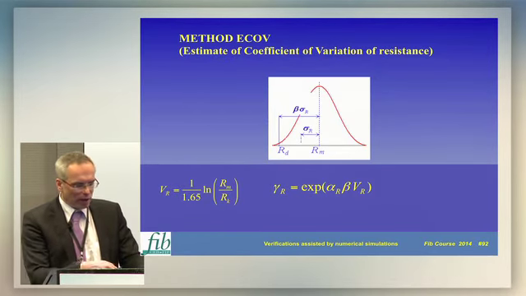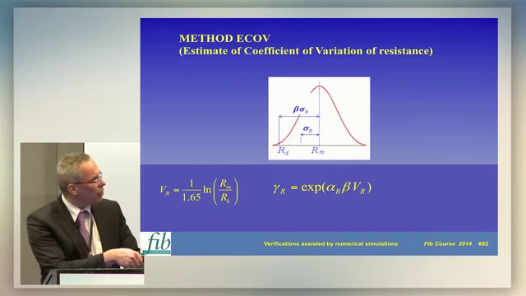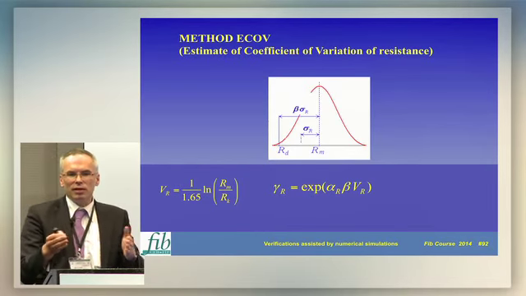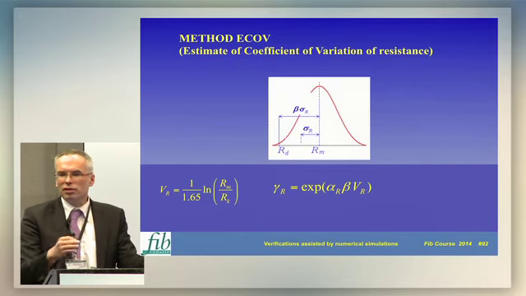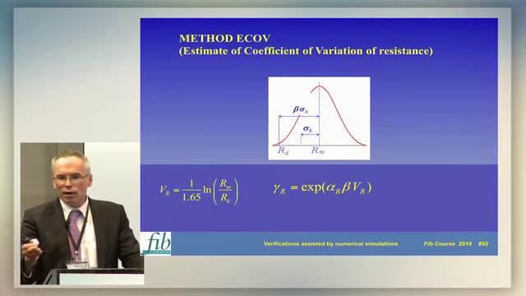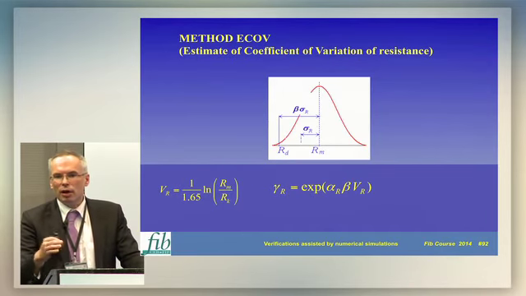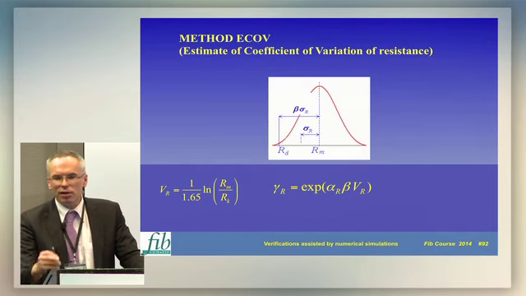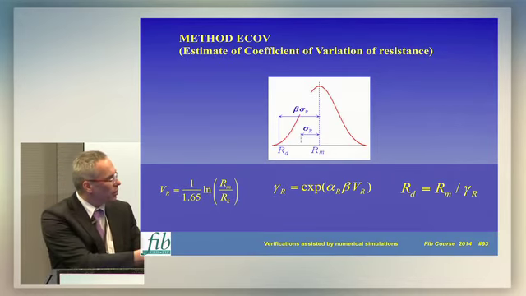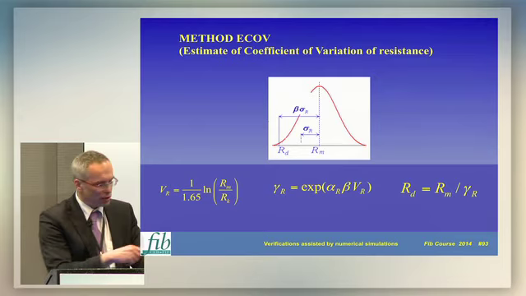Nice thing is that by making one analysis with characteristic values and one with mean values, at least partially we get some sensitivity to the concrete strength and to the reinforcement strength. Because the concrete strength typically varies much more, while the difference between the characteristic and mean strength of reinforcement is not much. So, when we have that, we can then really, from the mean value of resistance, calculate the design value.